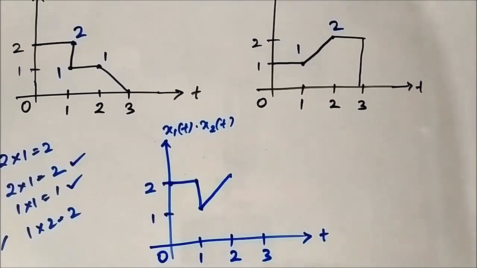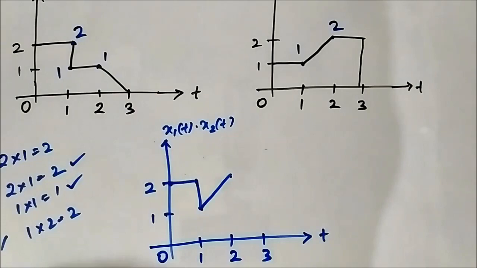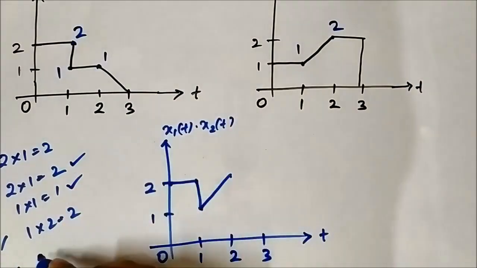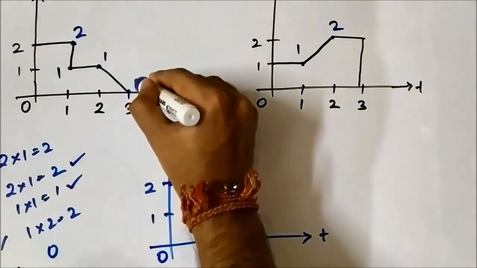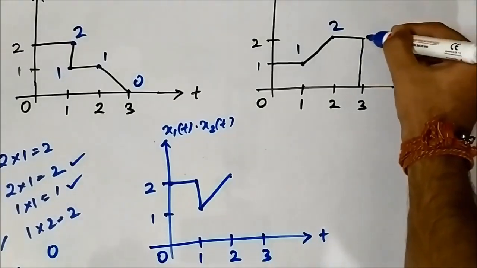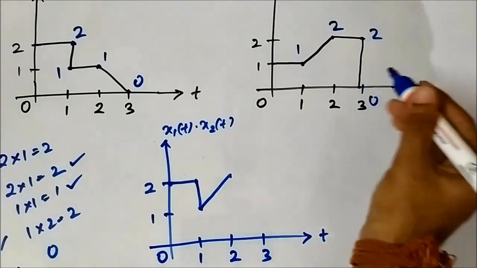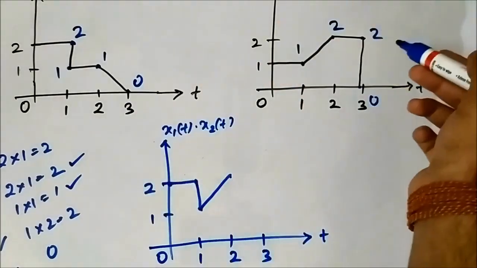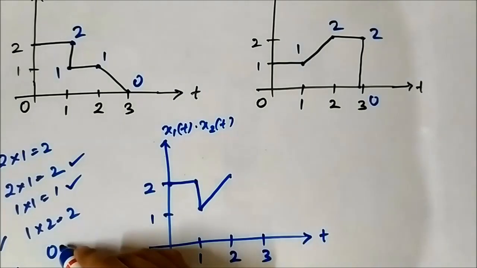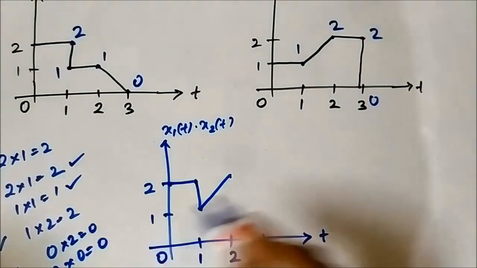Then at t equals 3, it has a value 0, but here there is a downward transition, so we will consider both the values, that is 2 and 0. It does not matter, because 0 multiplied with anything, be it 2 or 0, will be 0. 0 into 2 is 0, also 0 into 0 is 0.